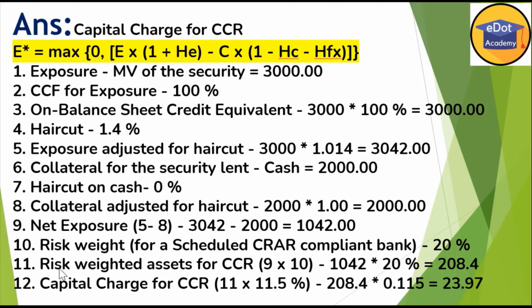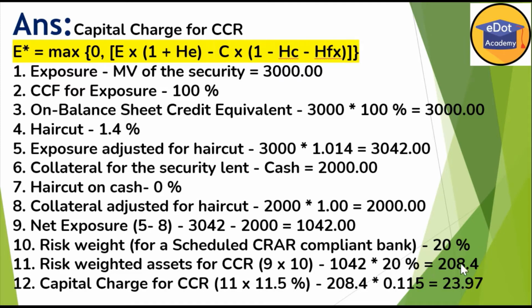Okay. So what is risk weighted asset? So net exposure into risk weight, 1042 into 20%. So we are getting 208.40. Now, as per Basel norms, what is the capital charge? Capital charge is 11.5%.